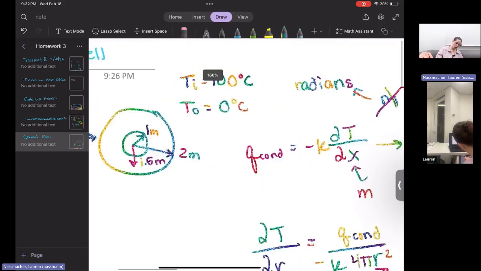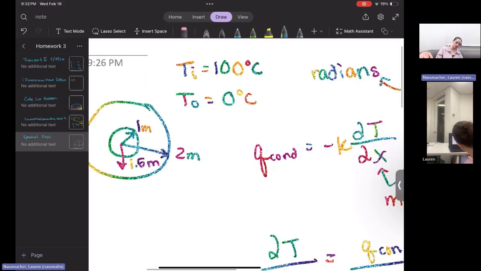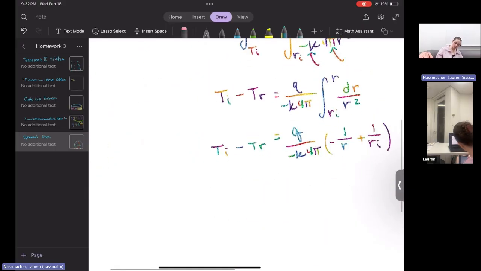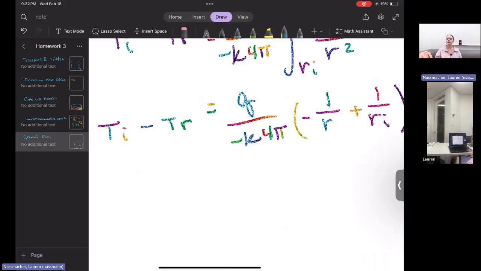If we take our numbers right here and substitute them into this equation, you'll find that we have multiple variables that we do not know, including this heat conduction and this thermal conductivity.